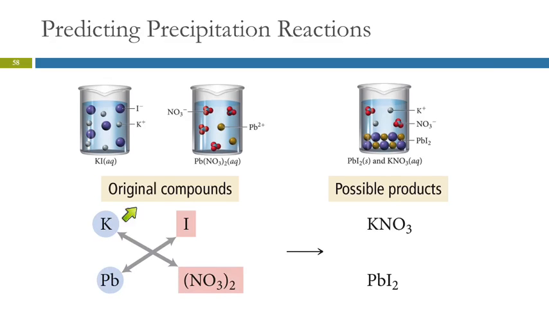We know that lead with nitrate was soluble and potassium with iodide was soluble. So when we mix them and we get a solid forming, it must be a new combination. There's two possibilities. The lead could be with the iodide, or the potassium could be with the nitrate. These are the two possible products. We have switching of partners.